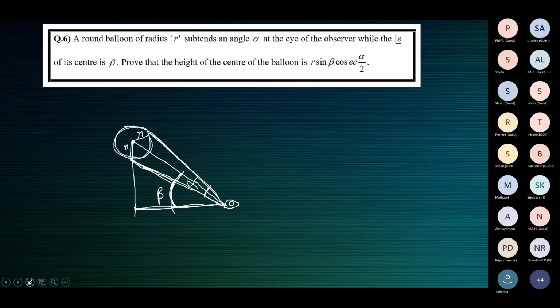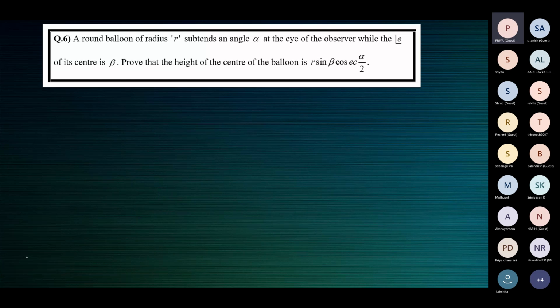Let's do it again. Round balloon, radius r.